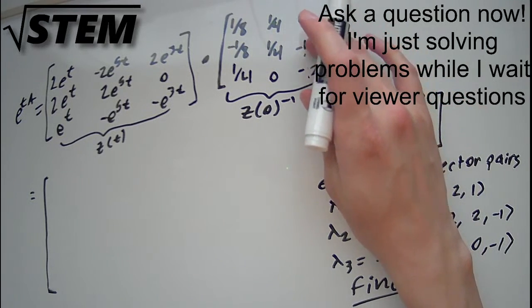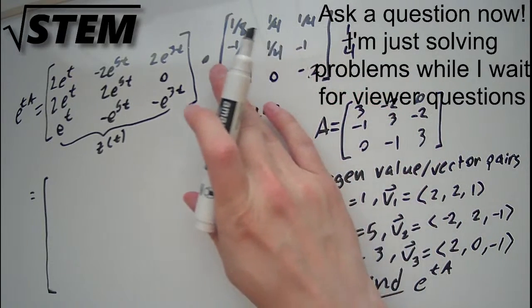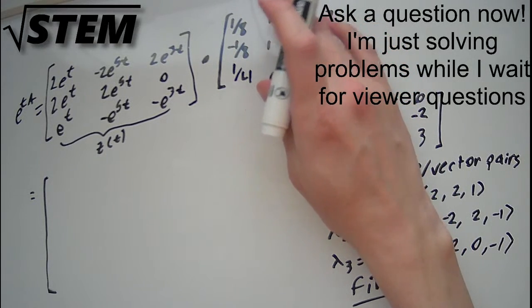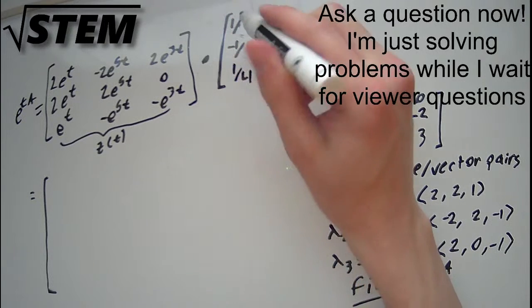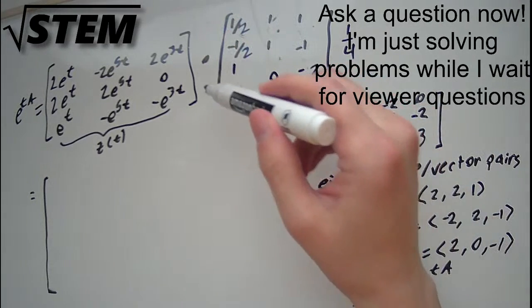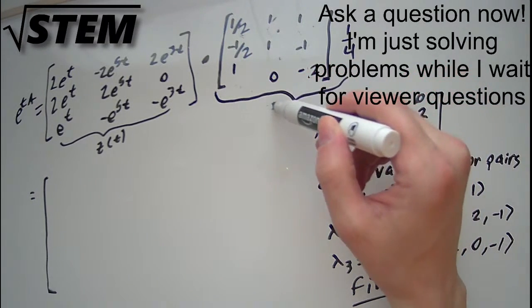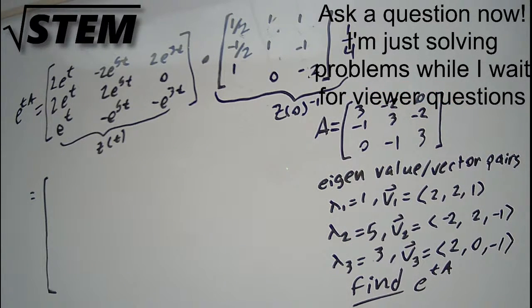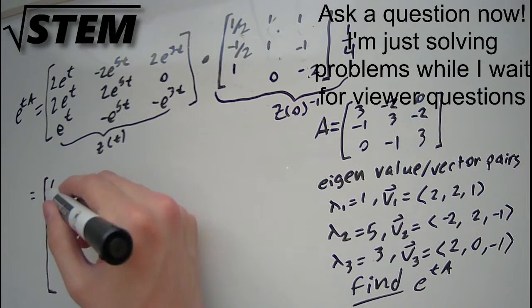Negative 2. And once we do this, that matrix will no longer be exactly Z0 inverse. I guess I could have just redrawn the bracket. All of this together still makes Z0 inverse. Okay. I'm going to make liberal use of parentheses here, and maybe we can fit it all.